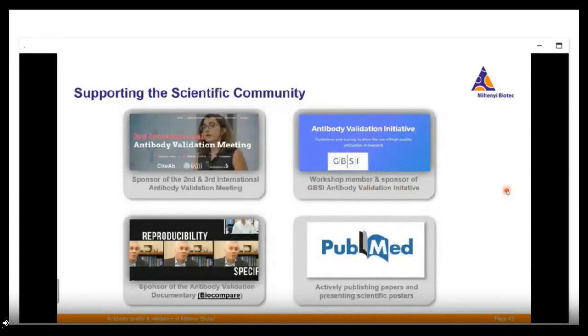In addition, we also ensure to actively take part in supporting the scientific community in this quest for antibody validation. And here are some examples of our past participation in antibody validation meetings and the initiative from GBSI, as well as, of course, we are constantly publishing a lot of papers where our antibodies are used.